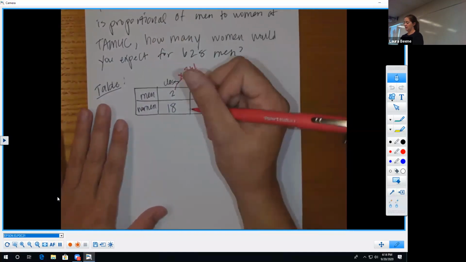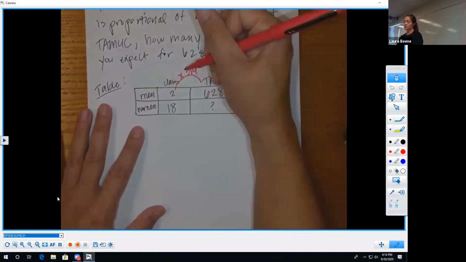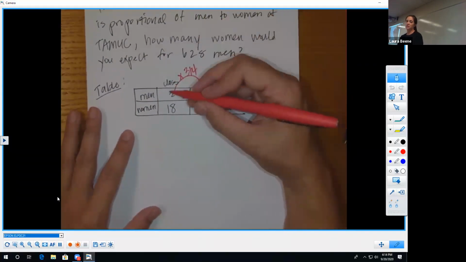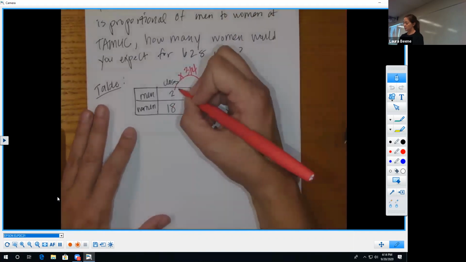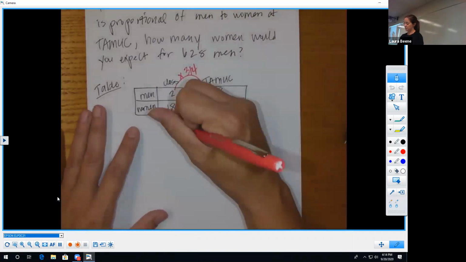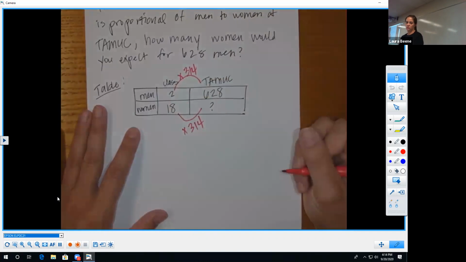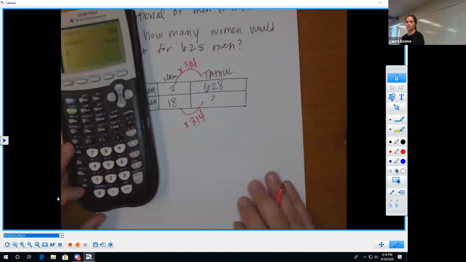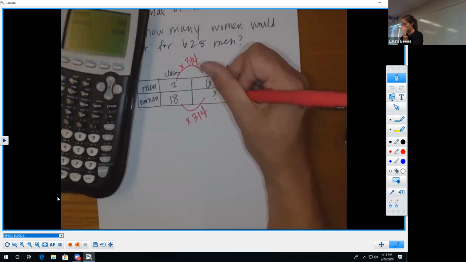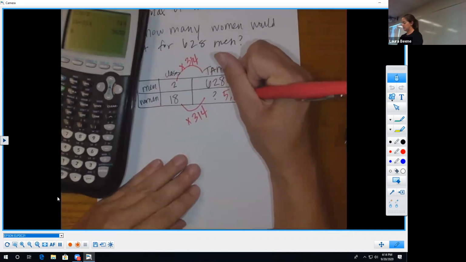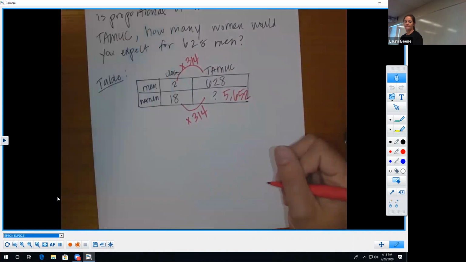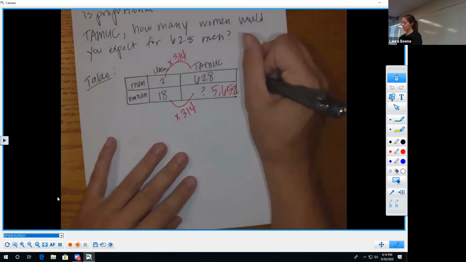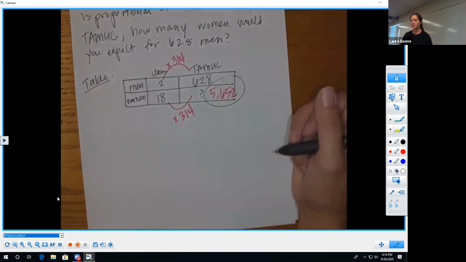Okay, so this is a proportion that's 314 times as big, or this is a ratio that is 314 times as big as your original ratio. So to figure out the women, I just need to multiply by the same value, 314. So when I type that in my calculator, 18 times 314 is 5,652 women. Okay, so that is the way to solve it using a table.